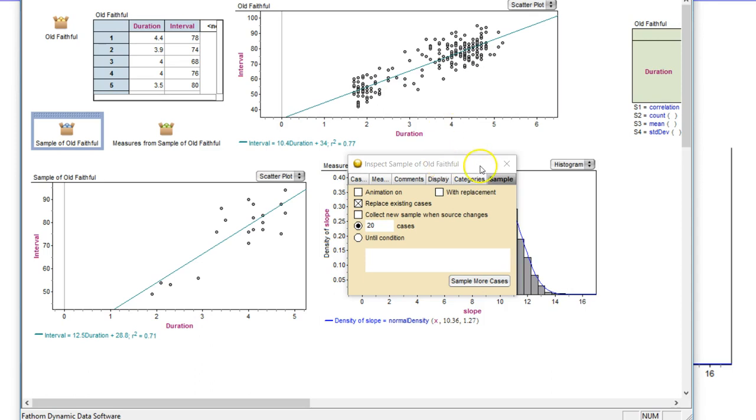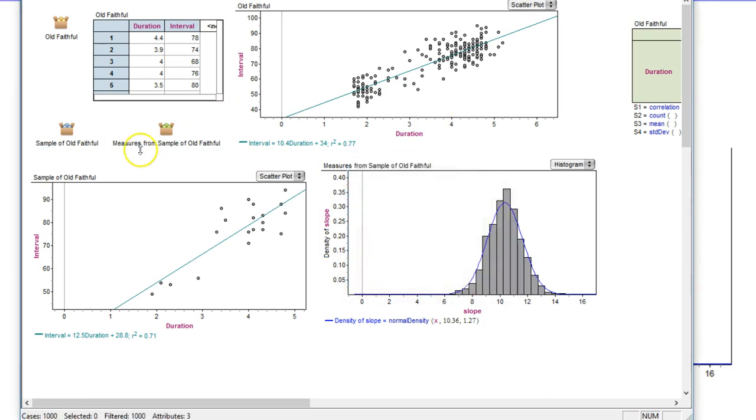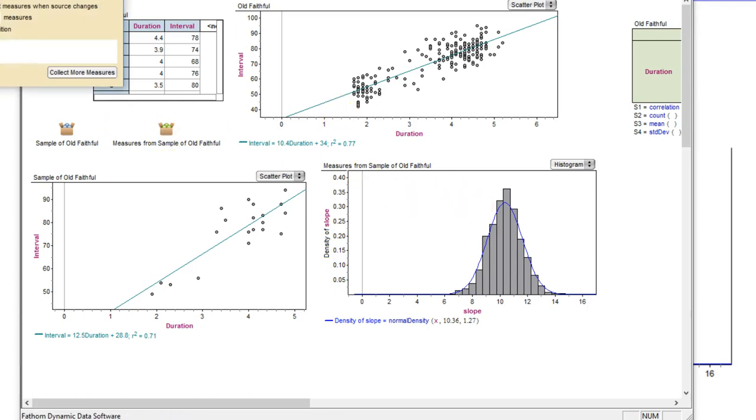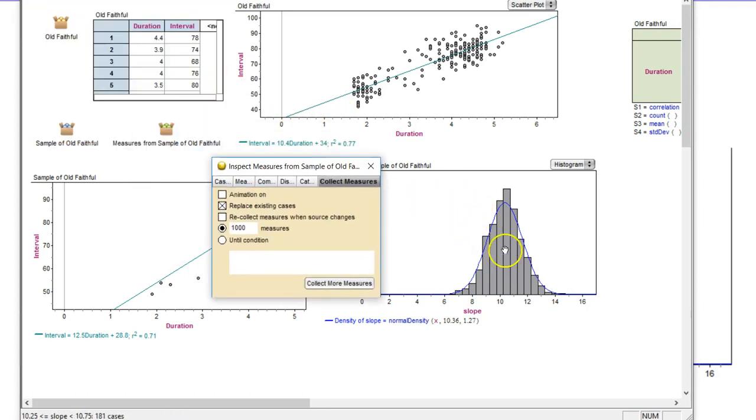Now, this graph right here is collecting all of the sample slopes from all of the different samples that I've gathered, and it's collected 1,000 different sample slopes and made a graph right here.